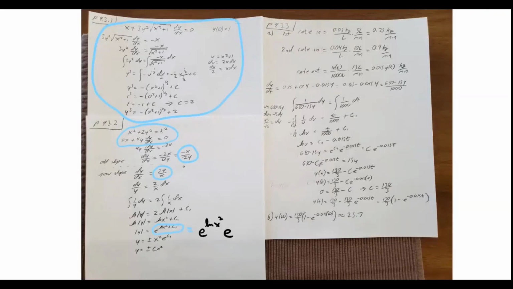Yeah, then you can multiply. And then notice the e and the ln cancel. That brings the x squared down, and you've got e to the power of c1 there. And then you can define a new constant. You can say that c is equal to e to the power of c1, and that produces this here.